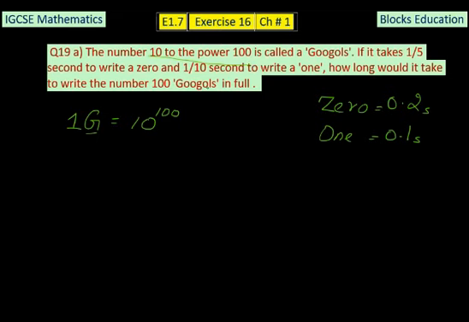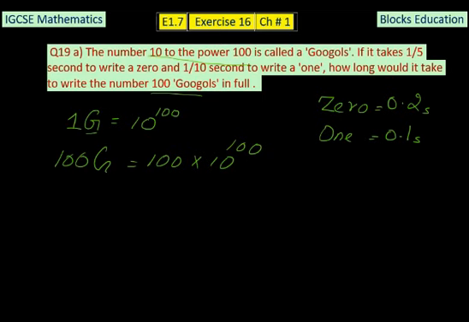Now we have to see how long it takes to write 100 Googols. So for 100 Googols, you have to multiply both sides by 100. So it means that 100 Googols equals, you have to write 100 here as well, 100 into 10 raised to power 100, right?